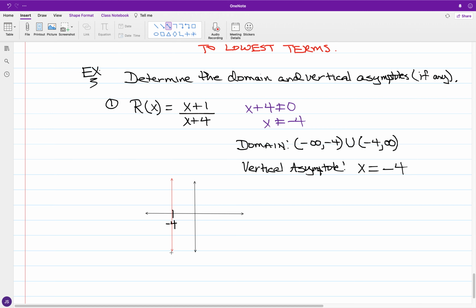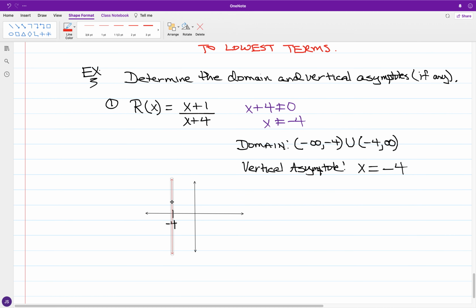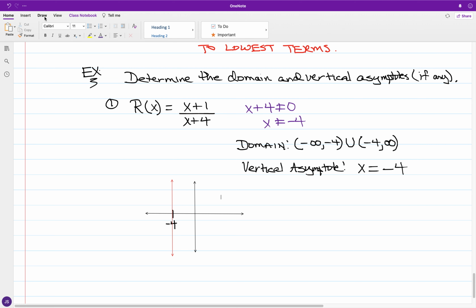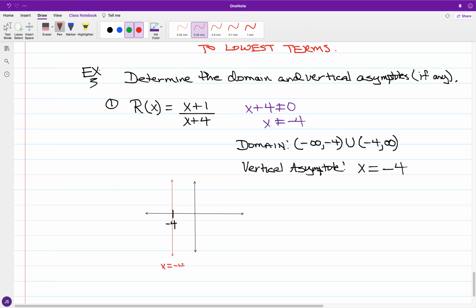So again, this is going to be a vertical boundary that's going to split the graph of r of x. This is just a rough sketch, but for r of x equal to x plus 1 over x plus 4, for the graphing sections, we have split into two different regions.